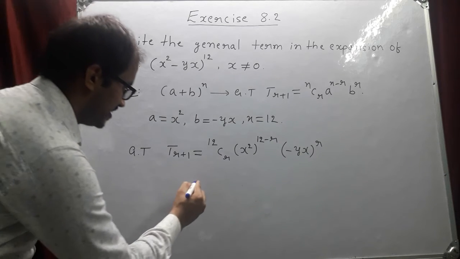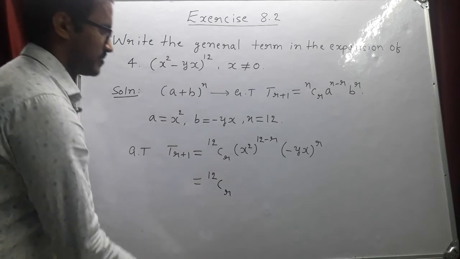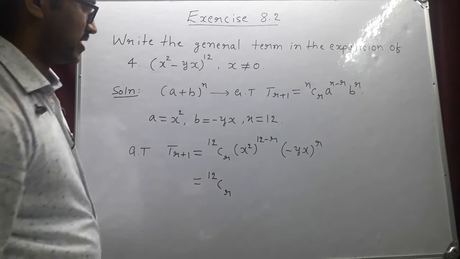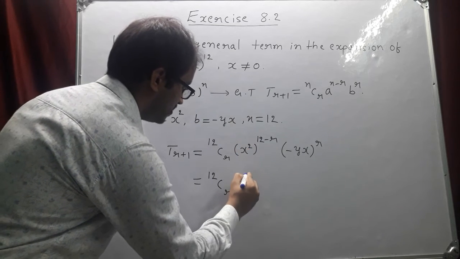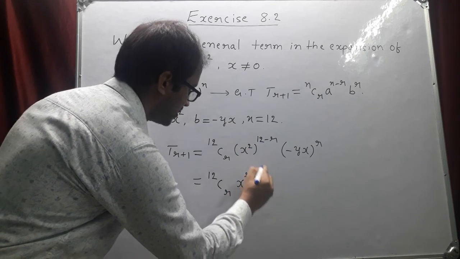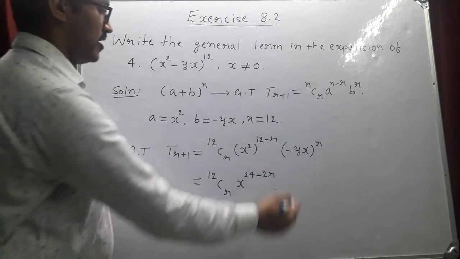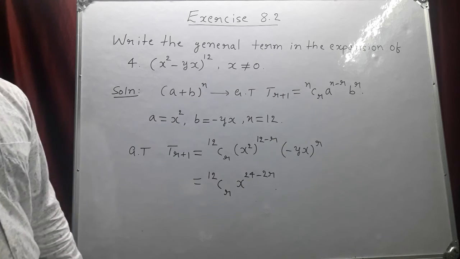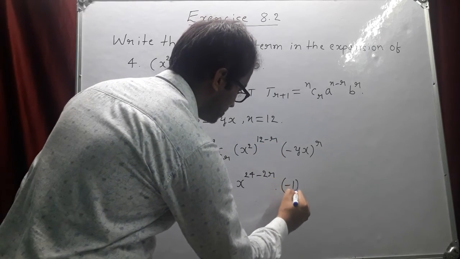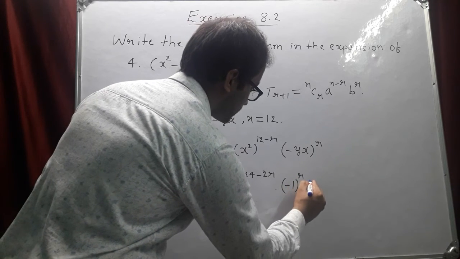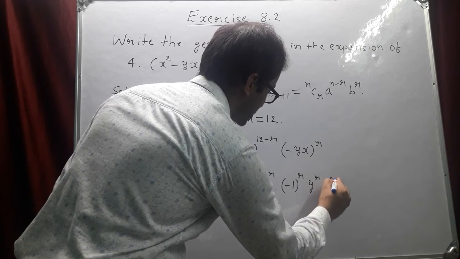Simplify this: 12Cr (x²)¹²⁻ʳ, so we can write it as x^(24 − 2r) into (−yx)ʳ. What we can write here is (−1)ʳ yʳ xʳ.